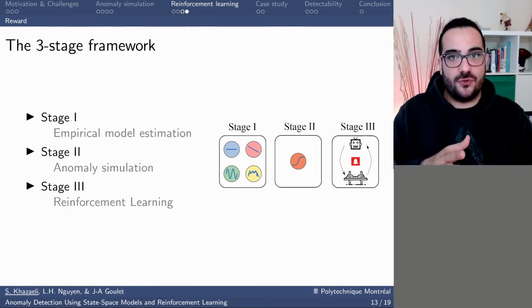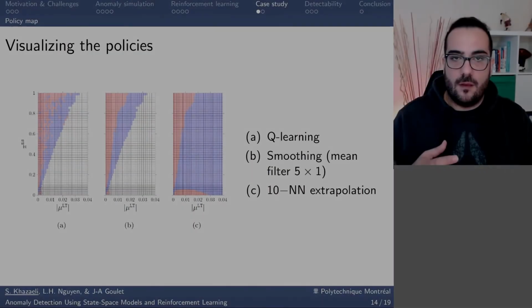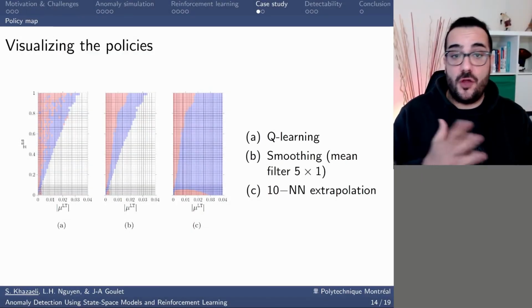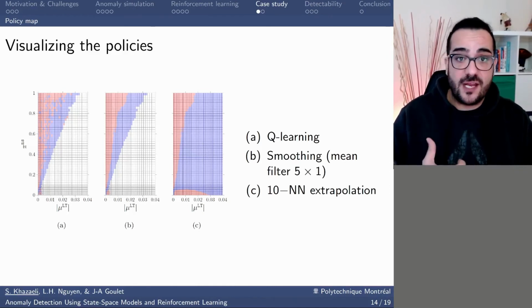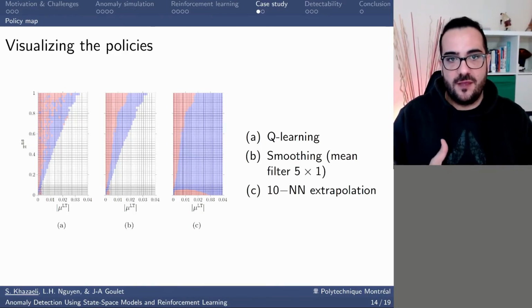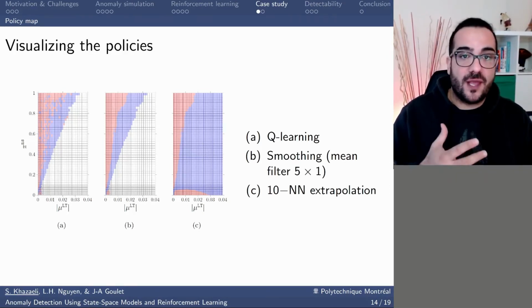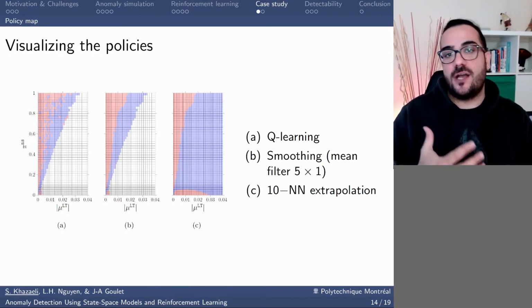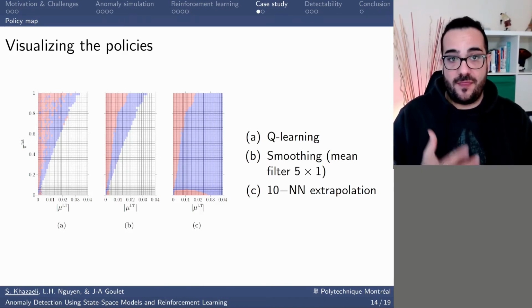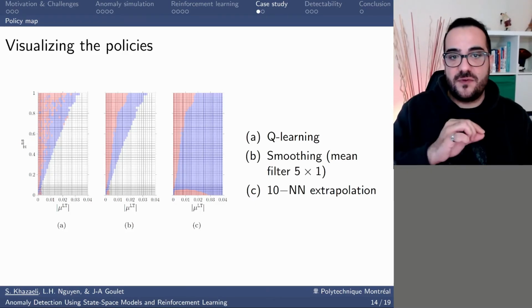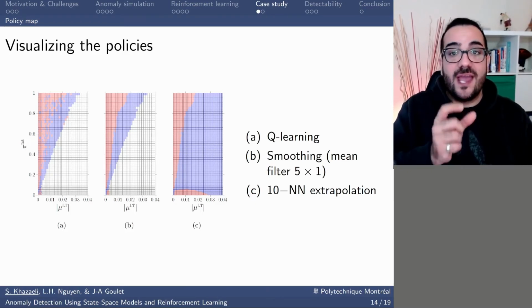Okay, let's see an application of this framework in detecting anomalies on the same data collected on the bridge that I showed you at the beginning of this presentation. The 3 figures on the left show the results of our training and the post-processing. Figure A shows the results obtained from Q-learning in a discretized environment. Each cell within this figure represents a small region of the agent state.